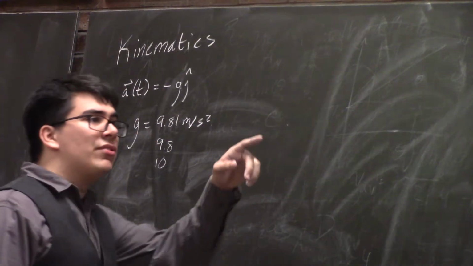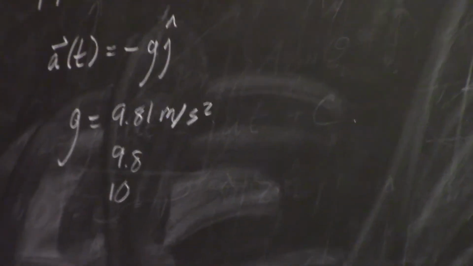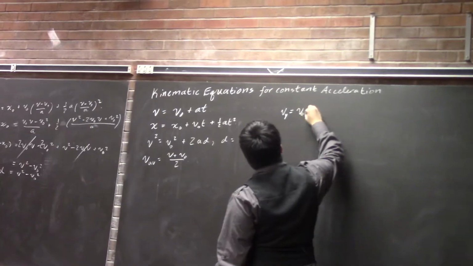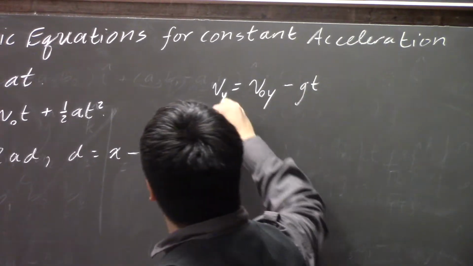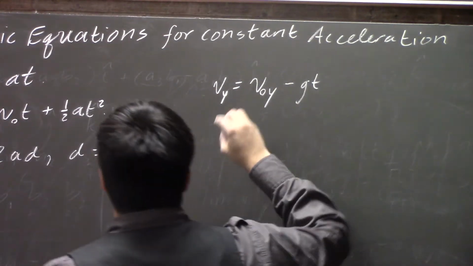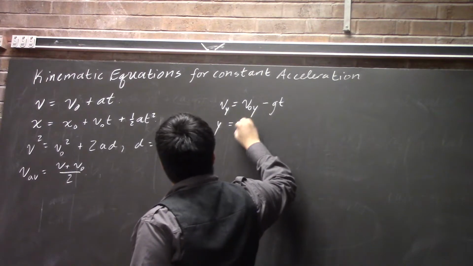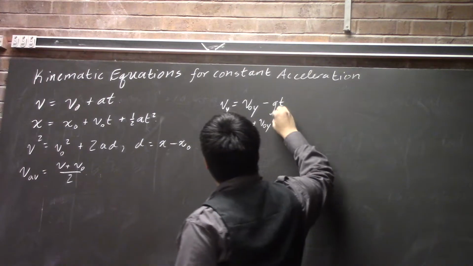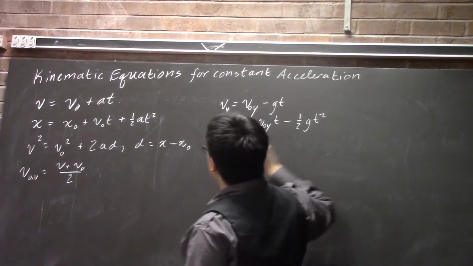So instead of that, I'm just going to modify my equations now. With gravity, this equation, and I'm talking about y velocity, is v naught y minus gt, right? So if it's y velocity, this equation is no longer along the x-axis. It's along the y-axis. y equals y naught plus v naught y t minus 1/2 g t squared.